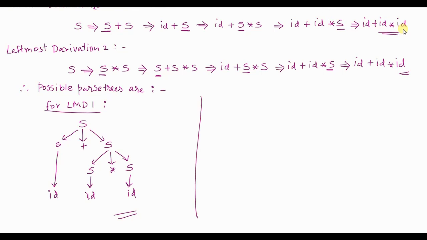Now let us see whether another parse tree can be drawn. For leftmost derivation 2, the parse tree will be S, first replaced with S into S. Now this S was expanded further as S plus S. Then the leftmost S was converted to identifier ID.